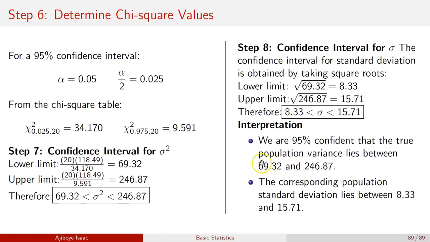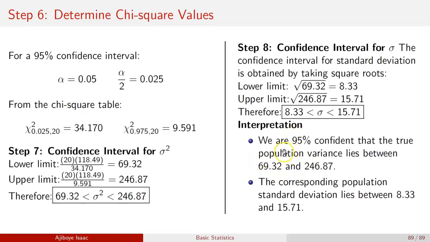We can also do the same for confidence interval for standard deviation, and that is by taking square root of the variance, and that means that our confidence interval for standard deviation is 8.33 and 15.71.